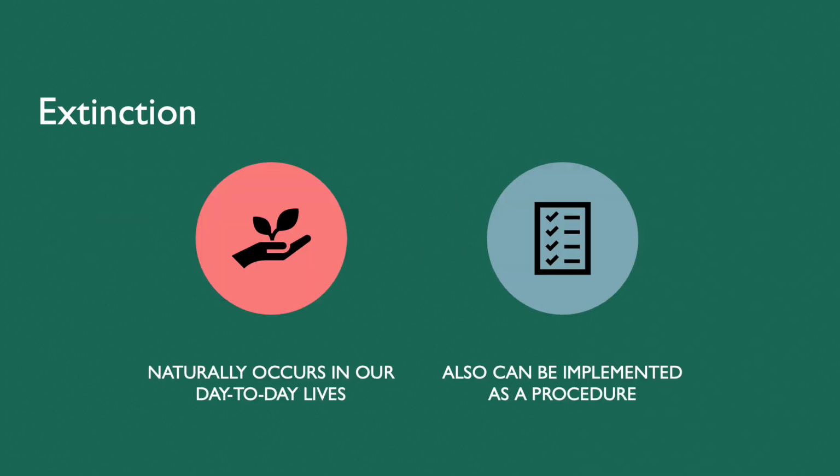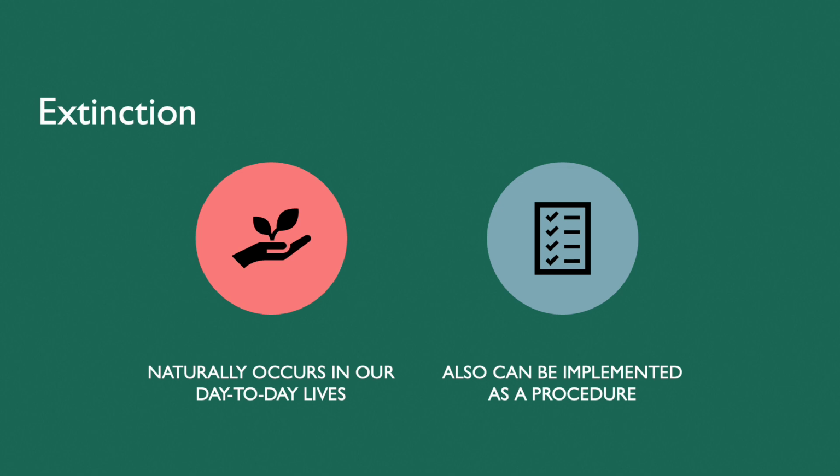So now let's talk about what extinction looks like. I mentioned to you that extinction is a behavior change tactic, but it's also a process, and it's a naturally occurring process that happens in our day-to-day lives. And it's also a procedure that can be implemented in a very systematic way. Okay, so I want to give examples of what extinction can look like in our day-to-day lives, because people often think that ABA is an autism treatment. I hear it referred to this quite often.